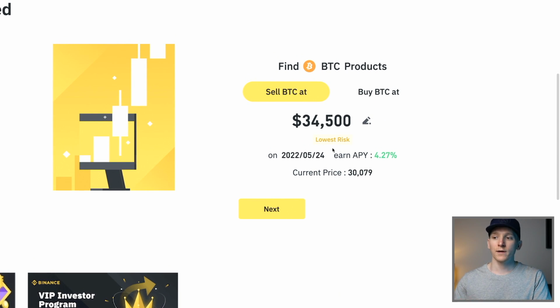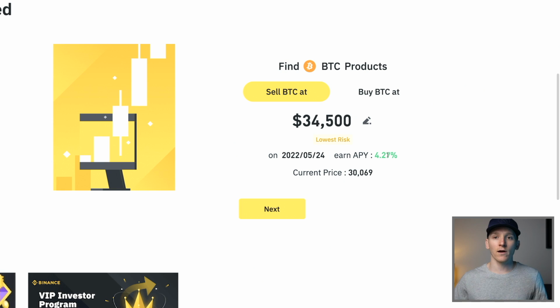Now, what you're doing if you enter into this is giving someone the option to buy Bitcoin from you if the price reaches 34,500. Now, if you believe that that is just not going to happen by this settlement date, then you can enter into that contract and you can earn 4.27% APY.